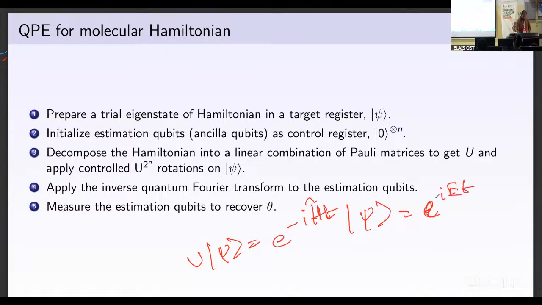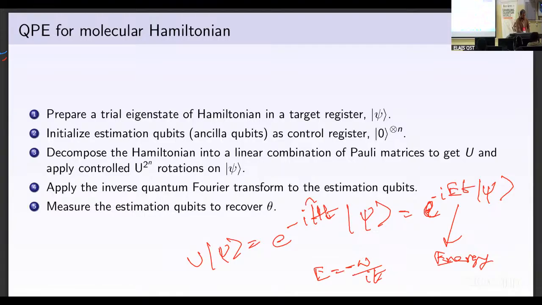If we call E the eigenvalue of the energy, the ground state energy of the molecule, then when we get omega, basically E can be found out by omega divided by t.